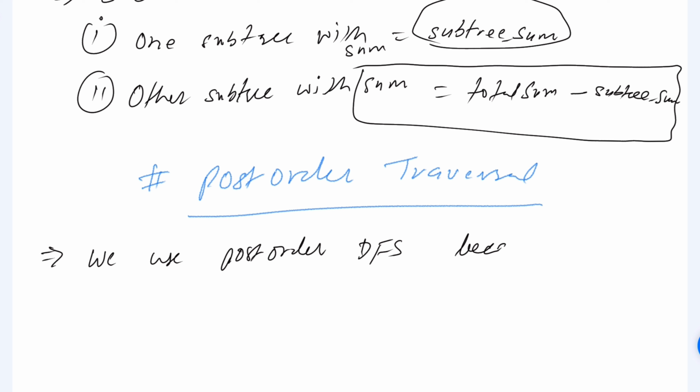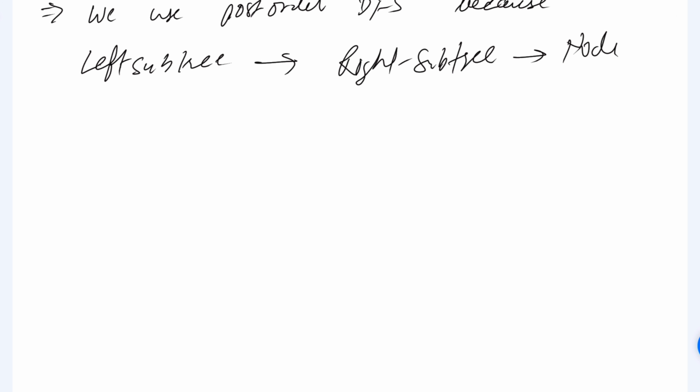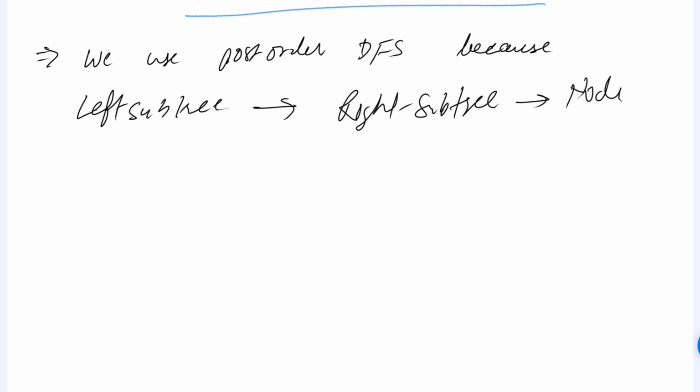Why? Because we will go to the left subtree, then the right subtree, and then we'll go to the node. Correct, guys?